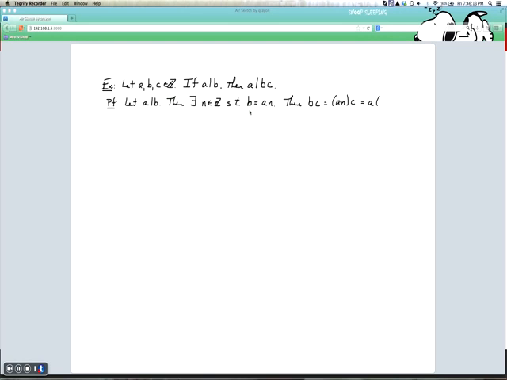This is A times n C. Now, of course, n times C is an integer, which means that A divides B times C, since A times an integer gives us B times C. And that's all we had to show.